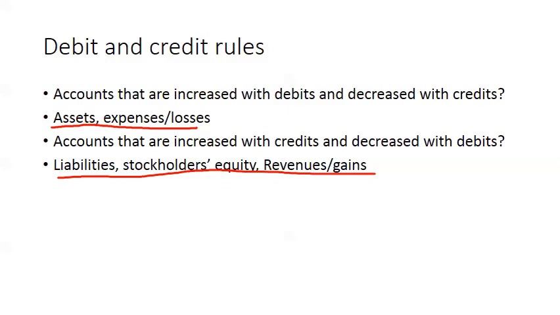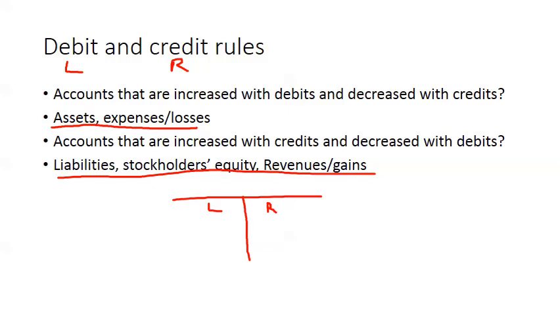And remember, the debit is just the left side of the account, and the credit is simply the right side of the account. Debit and credit themselves do not mean increase and decrease. It just means left and right of an account. So if you think of a T account, there's a left side, there's a right side.